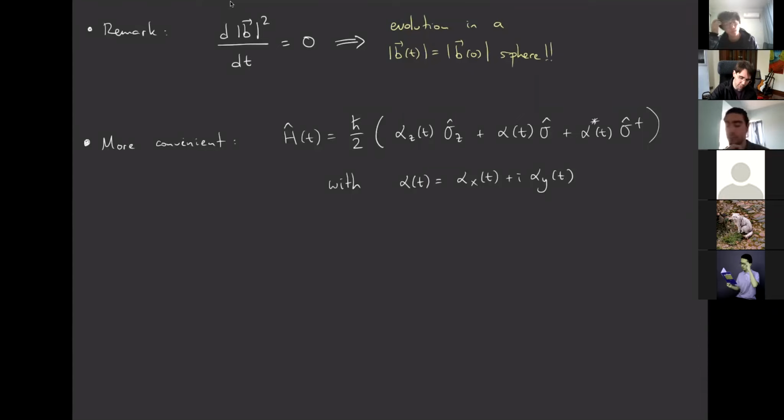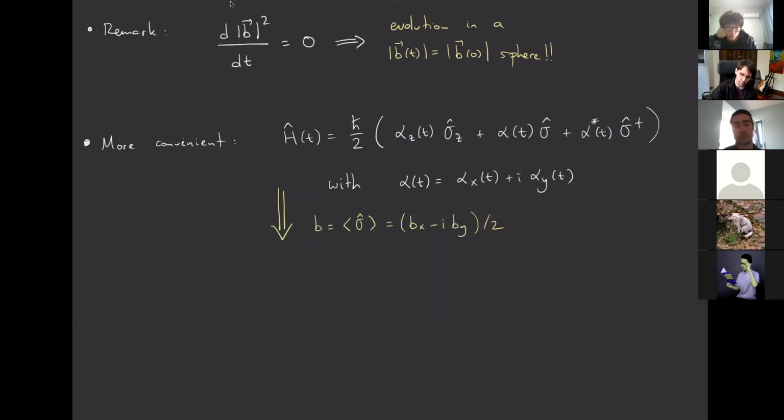Then in terms of this complex representation, or raising and lowering operators, we can define a B variable, which is just the expectation value of sigma, and it will be exactly equal to bx minus iby over 2.